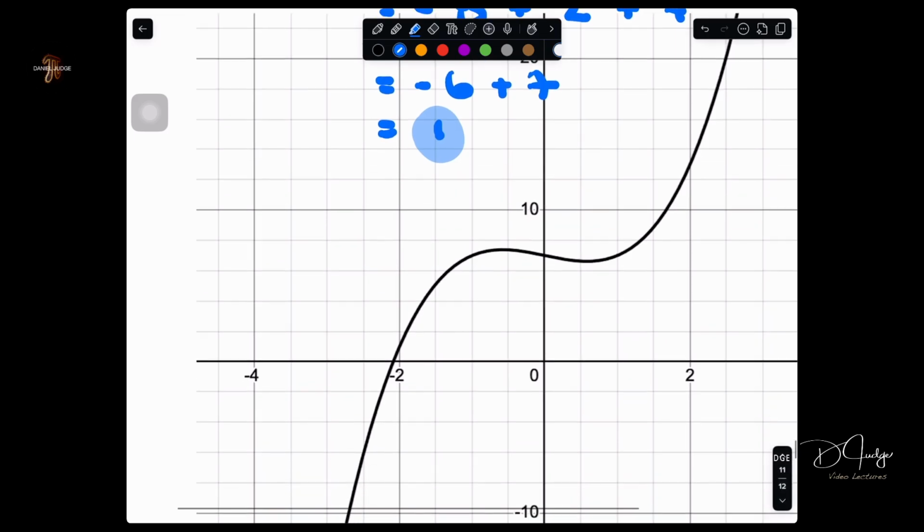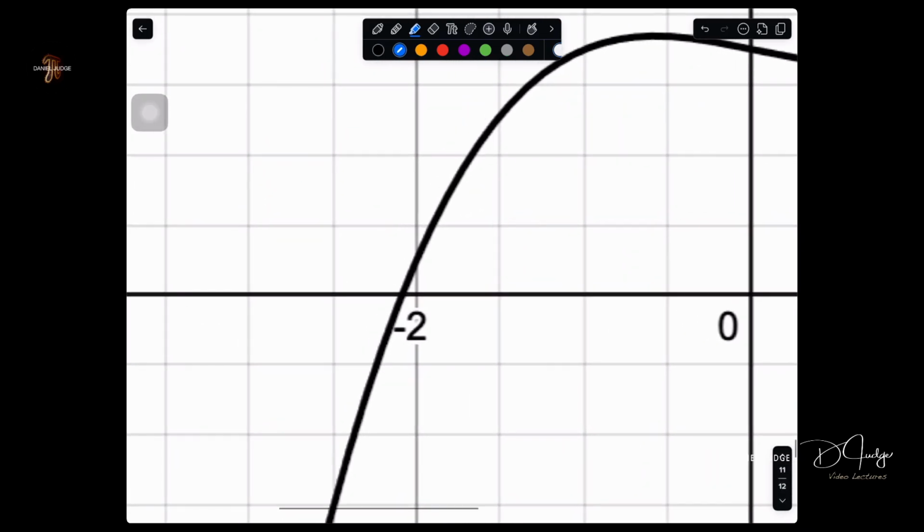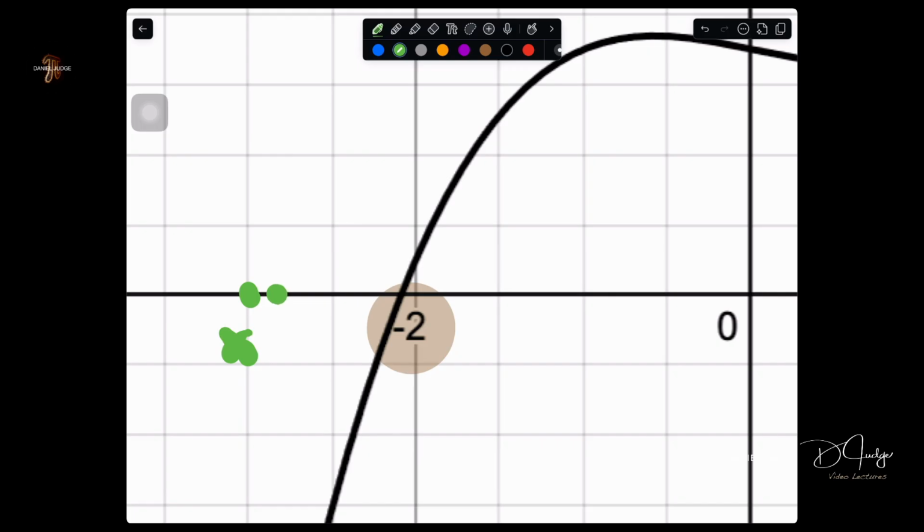Let's look at this now over here. So we have -2 here, okay? As x values approach -2 from the left, these points are going to a location, and then you can't see it so clearly.